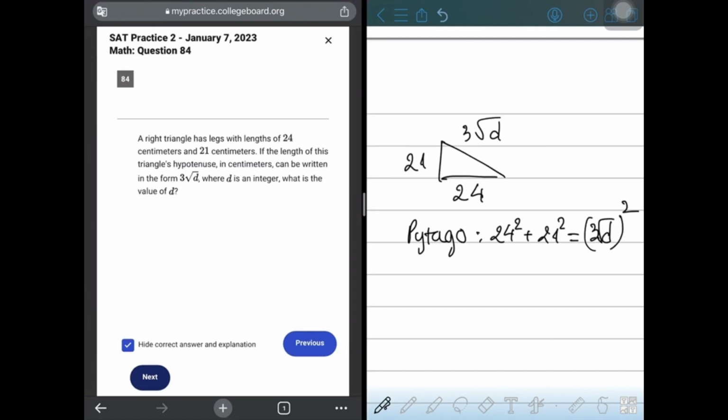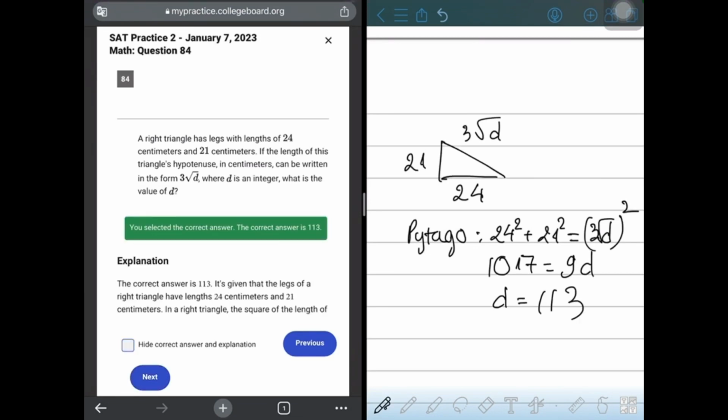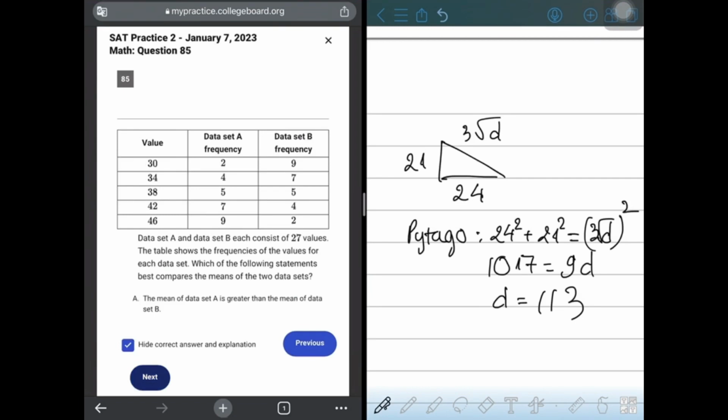Take out your calculator and calculate it. We have 1017 equals 3 squared is 9, and square root of D squared is D. Now D equals 113. Yay!